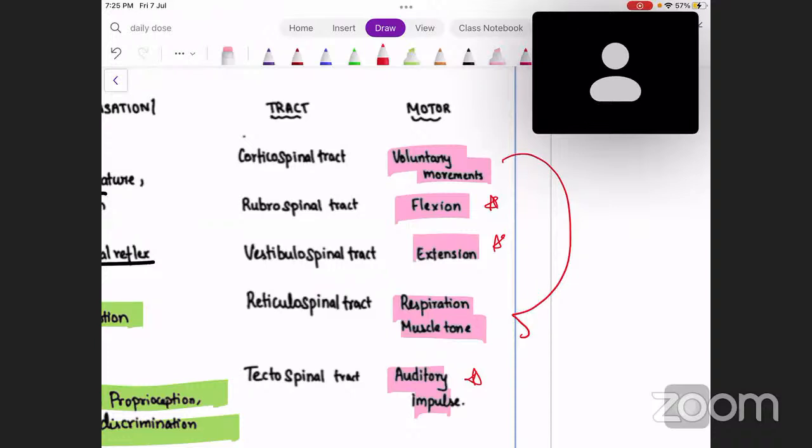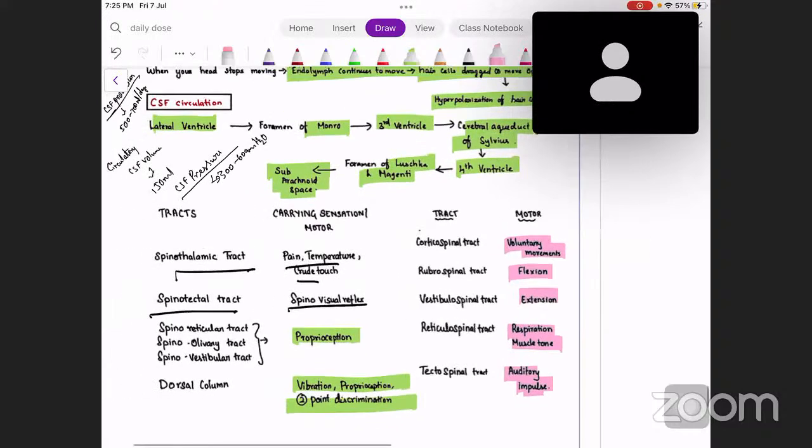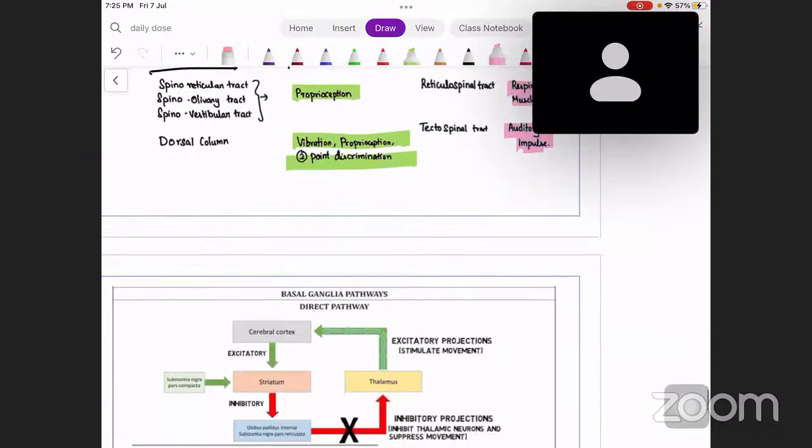Even if you are remembering the dorsal column in the sensory, that is okay. But you should remember each and everything in the motor. You have to know each and every single thing, people, in the motor tract and the sensory tract.